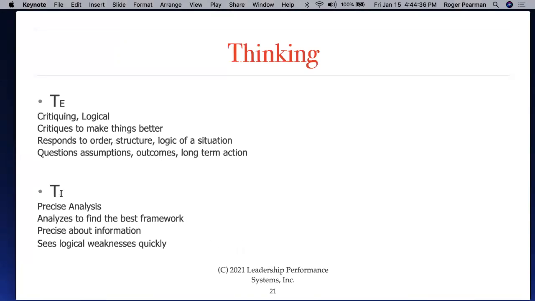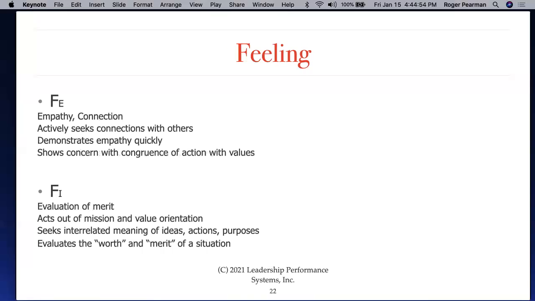Thinking shows up in the external world when we're logically critiquing something, or in the internal world when we're doing an internal, precise analysis on what could or couldn't happen in the future. And we want to test out and create some hypotheses about what we may be seeing or experiencing.